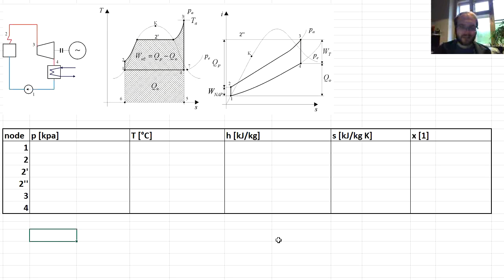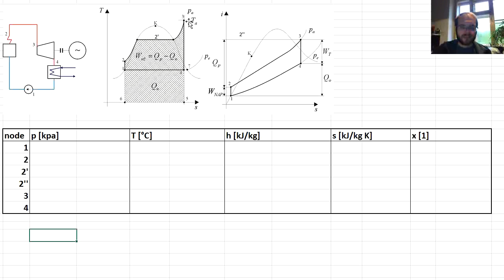So let's draw a table with the nodes in the system of the cycle and put in the parameters that we already know and see how we obtain further ones.